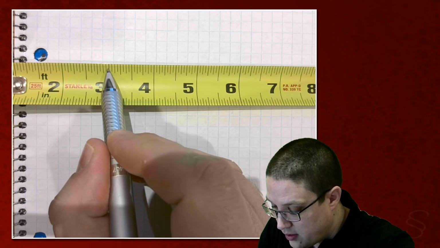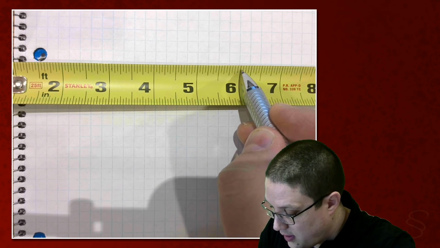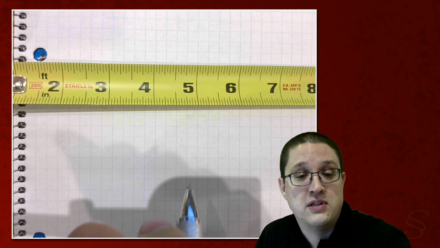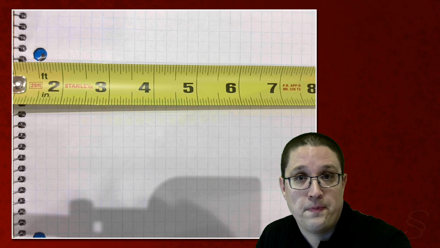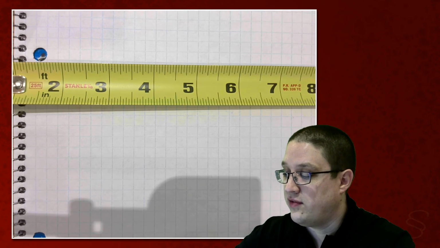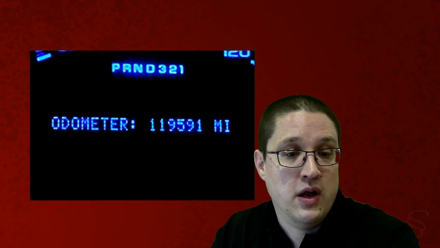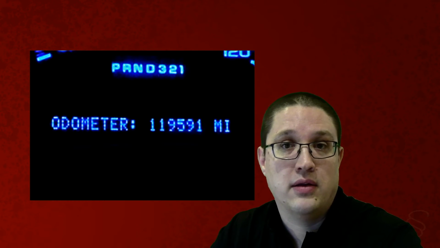To go from here to here is 1/16 of an inch. To go from here to here is also 1/16 of an inch. So the precision of this measuring tape is 1/16 of an inch. I might also have other types of measuring tools. For example, this odometer, which we looked at in the last video, has a precision of 1 mile.